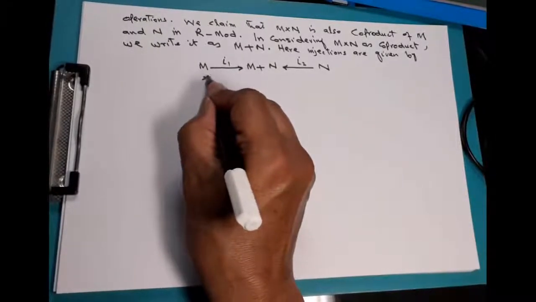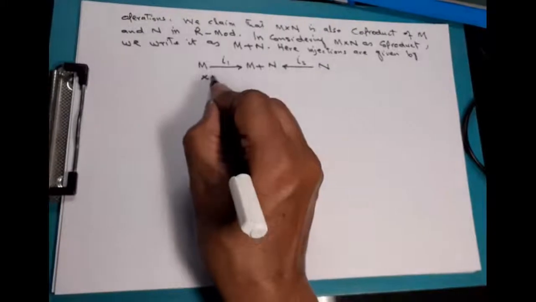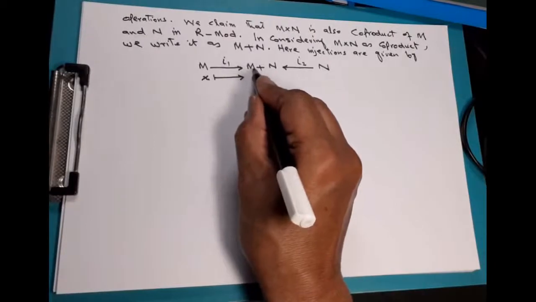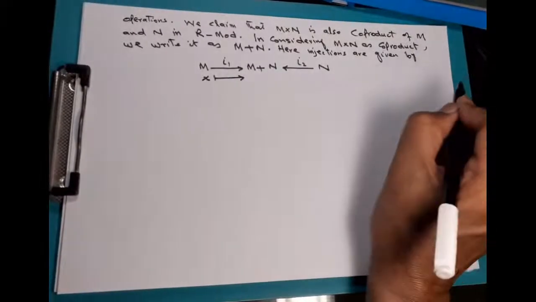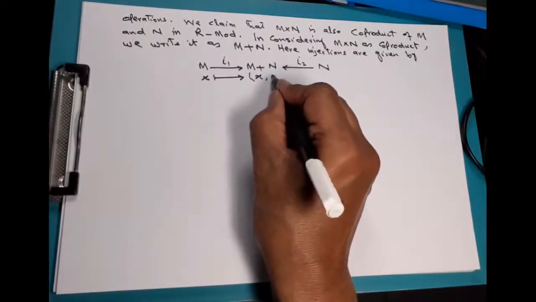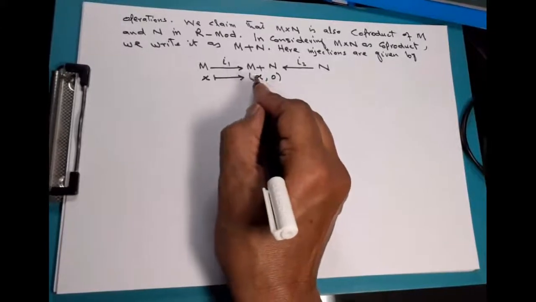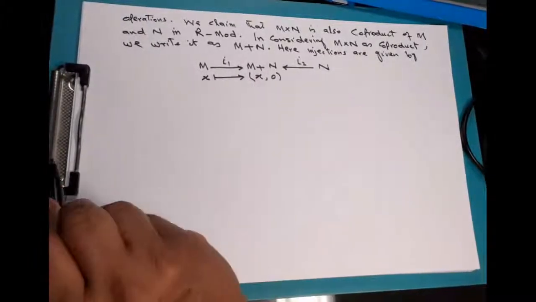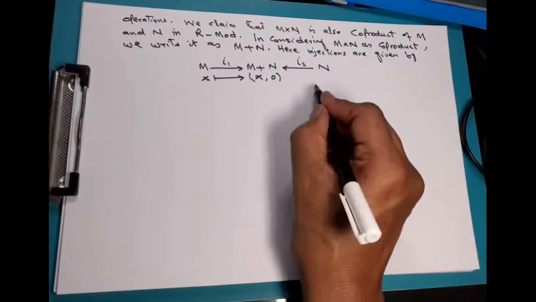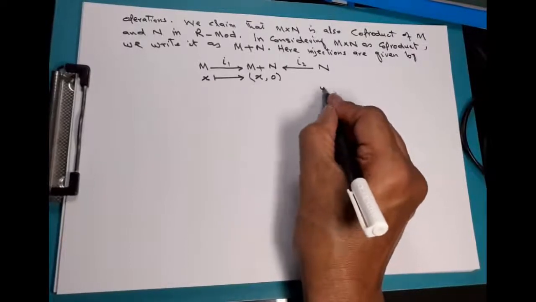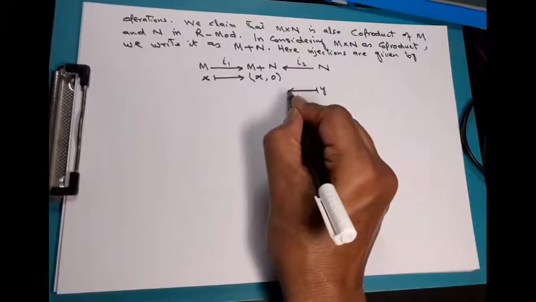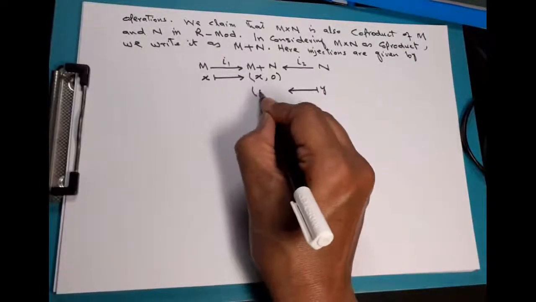Suppose x is an element of M, then i1 will take it to, elements of M plus N are ordered pairs, so x will go to the ordered pair (x, 0), where x belongs to M and 0 belongs to N. And about i2, suppose we are given an element y of N. This injection i2 will take y to this particular ordered pair (0, y).